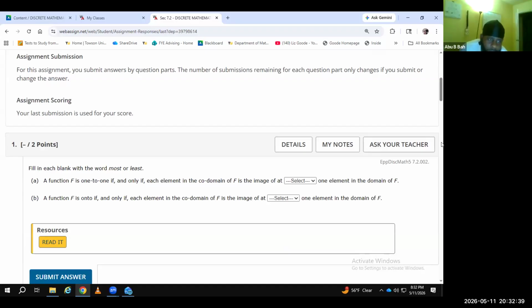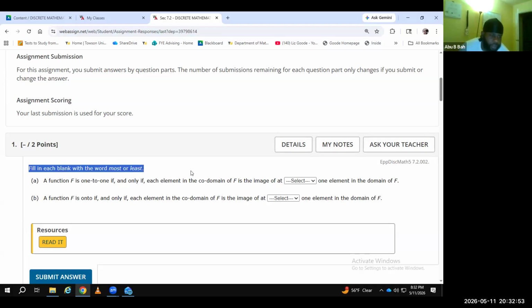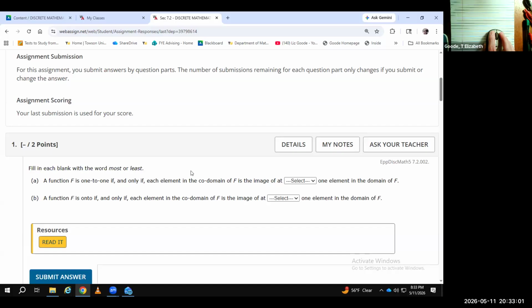Which one would you like to start with? Could be number one. All right, so this is talking about the properties of a function. And it says, well, you read the directions for me. Filling each line with the word most or least. Okay. Now, do you have your section 7.2 class notes open to help you?